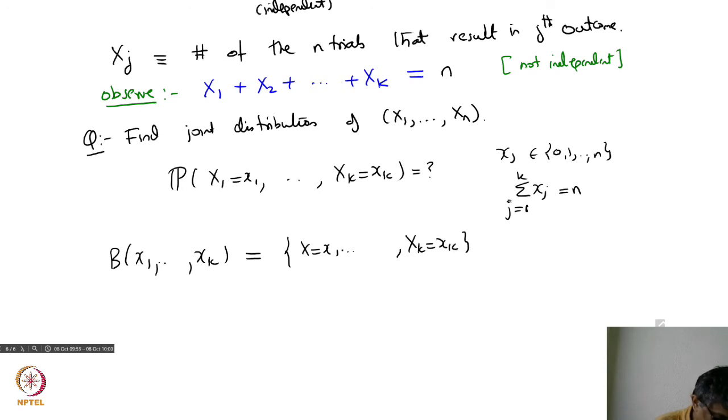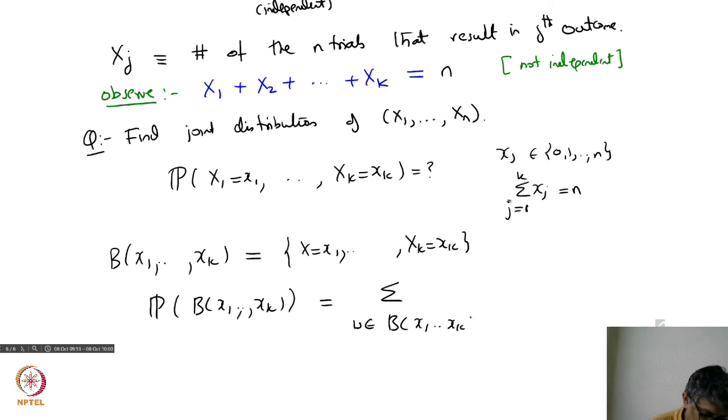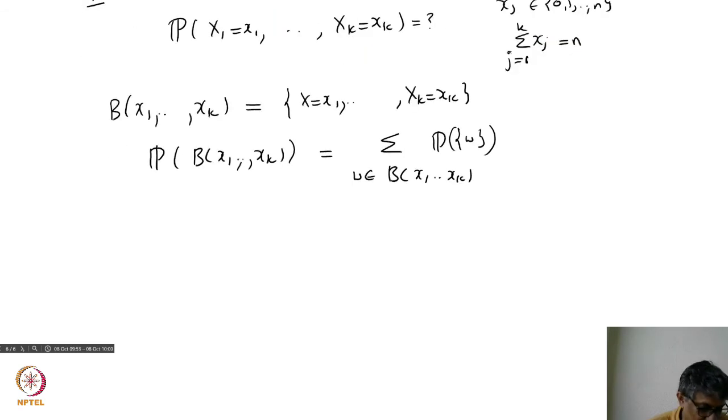Then the chance of the event B of x1 through xk is the sum over all omegas, that is all the sample points in the event B of x1 through xk, where at each step you add the probability of omega. This is how you would compute the probability of B.